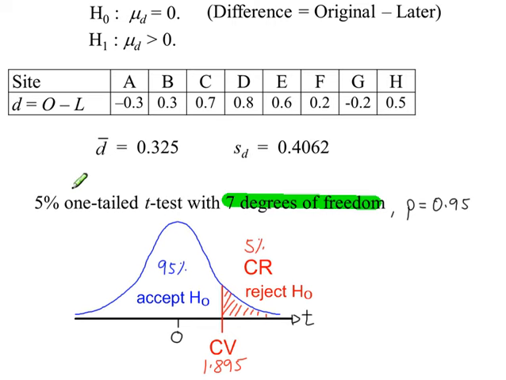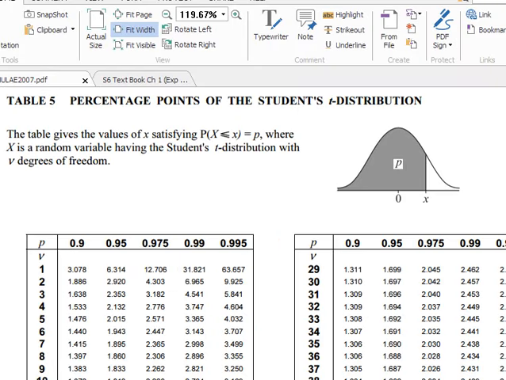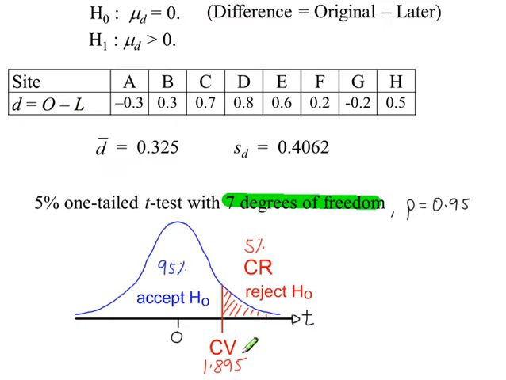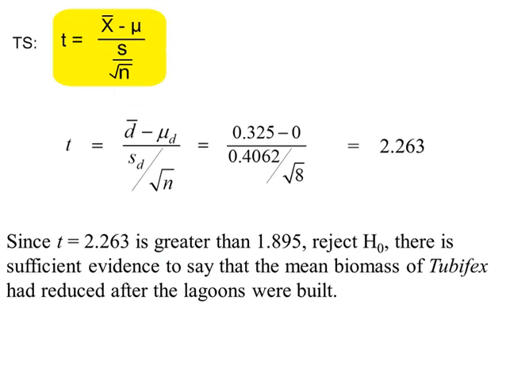This is a one-tailed test. 5% in the critical region, so we look up 95%, 0.95, from the t-tables with 7 degrees of freedom. 1.895 is our critical value. And then calculating the test statistic gives us 2.263. This is our test value.